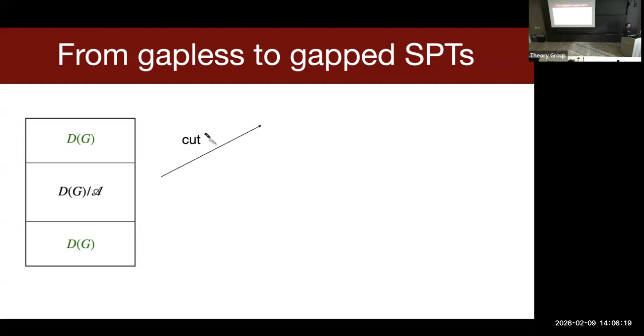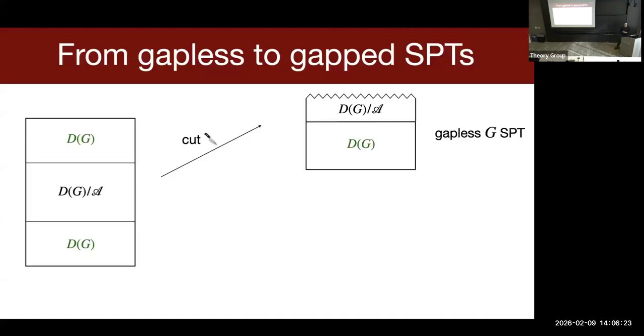So now I can do two things. One is I can cut this picture along the middle and obtain this picture, which may remind you of the kind of SymTFT picture that we drew in the case of a gapless SPT.